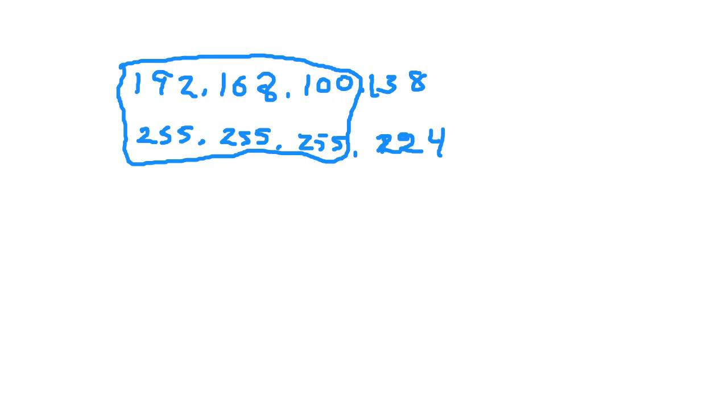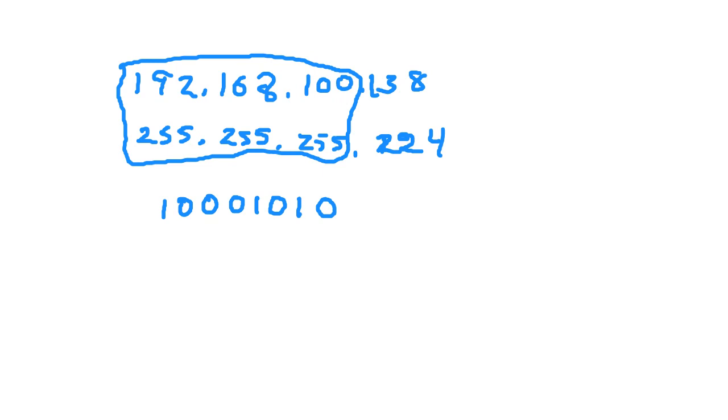So 138 converted into binary is a 1 in the 128s. That leaves 10, so nothing goes in the 64s, nothing goes in the 32s, nothing goes in the 16s, but 1 goes in the 8s, which leaves 2, nothing goes in the 4s, and 1 goes in the 2s, and 0 in the 1s.